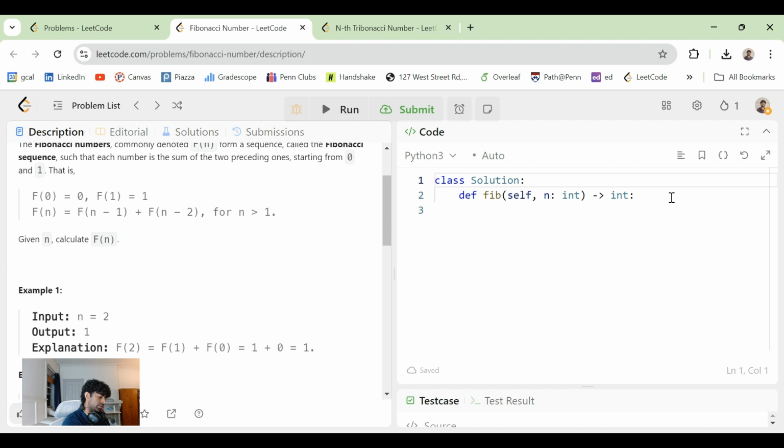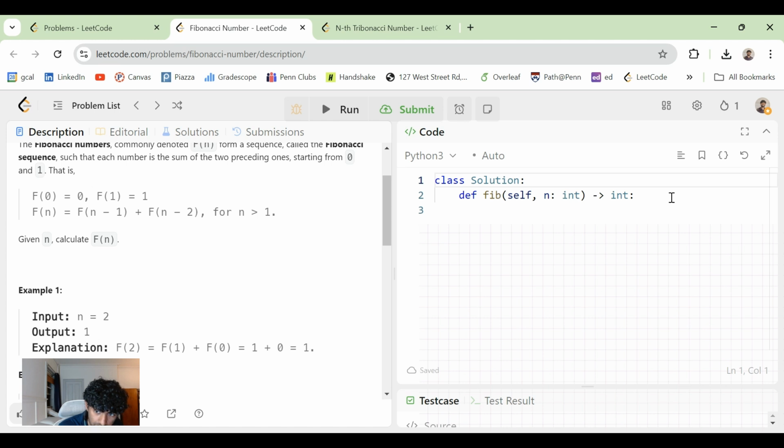Perfect. So, obviously, there is a solution that all of us could think of. That being, for n, we make a recursive call to return the Fibonacci number of n minus 1 and n minus 2.